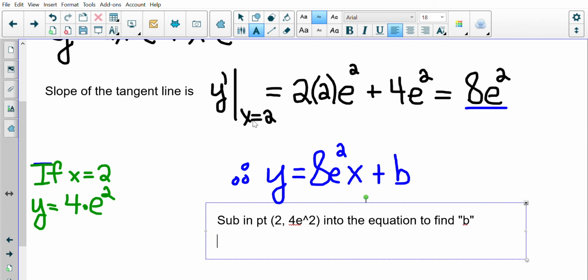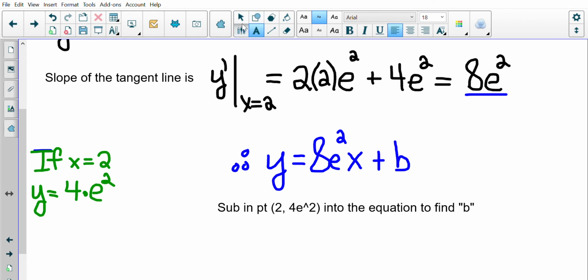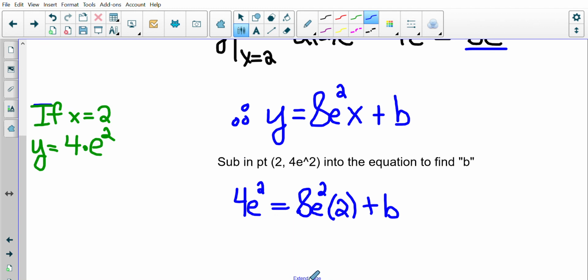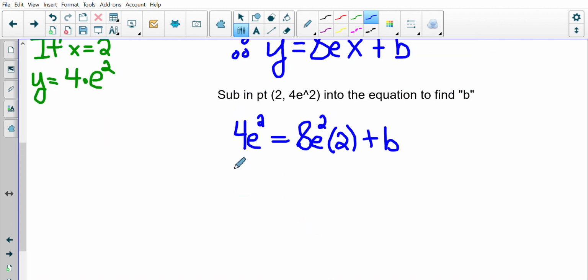All right, so now what we have, let's see here, subbing into our equation, y is 4e squared is equal to, let's see, we have a slope of 8e squared times 2, because that's our x value, and plus b. All right, let's see, I guess I could simplify here. So we got, again, 4e squared.